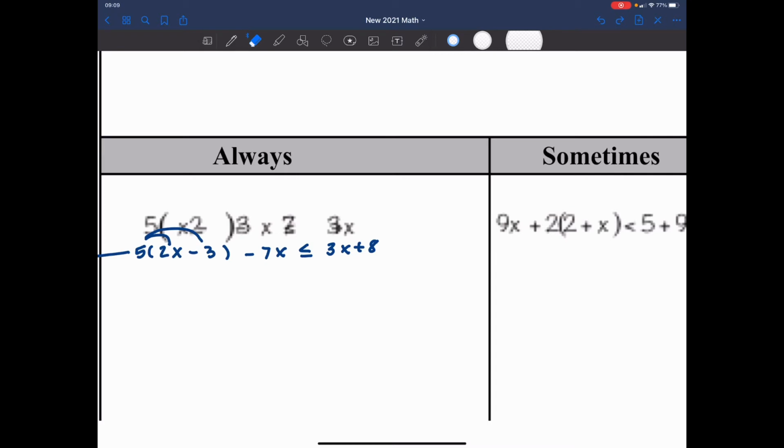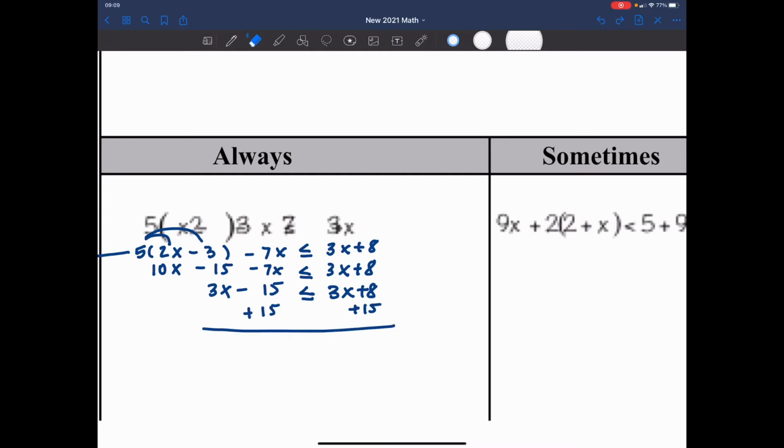I rewrote it because that was hard to read. So then it's distribute the 5, so I get 10x minus 15 minus 7x is less than or equal to 3x plus 8. I'm going to collect like terms, so 10x minus 7x gives me 3x minus 15, less than or equal to 3x plus 8. I'm going to add 15 to both sides.